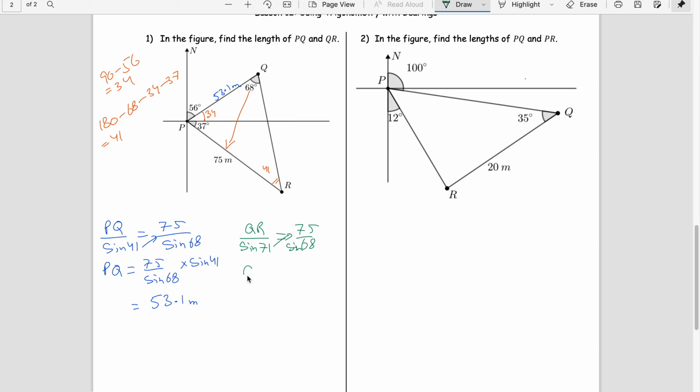So you cross multiply again, which is 75 over sine 68 times sine 71. That is 76.5, rounded to one decimal place.